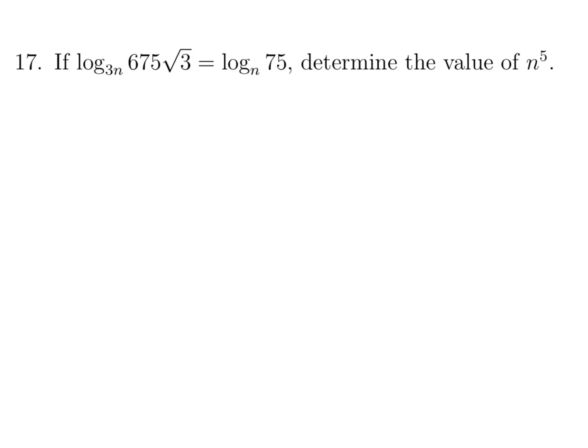If the log of 675 root 3 to the base 3n is equal to the log of 75 to the base n, determine the value of n to the power of 5. Well, the first log rule that we are going to use is the one that says that b to the power of log of k to the base b is equal to k.